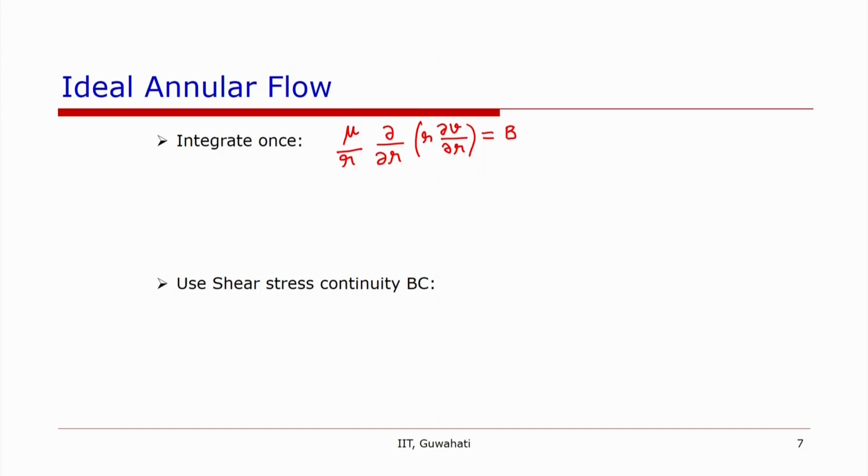So when we integrate this equation, we will get del over del R of R del V over del R is equal to BR over mu, which will give us del V over del R, this is not VR, del V over del R is equal to B R over 2 mu plus a constant, which gives R times del V over del R equal to B R square over 4 mu.